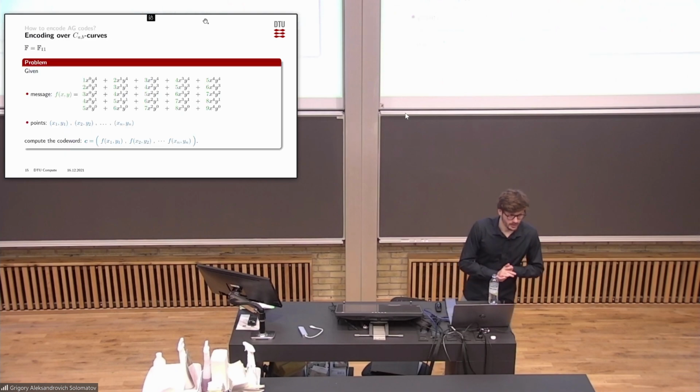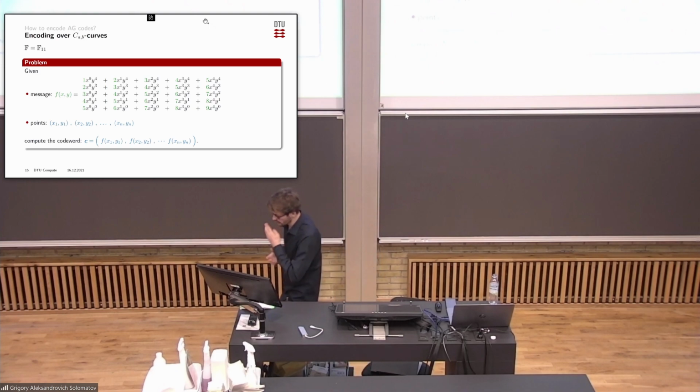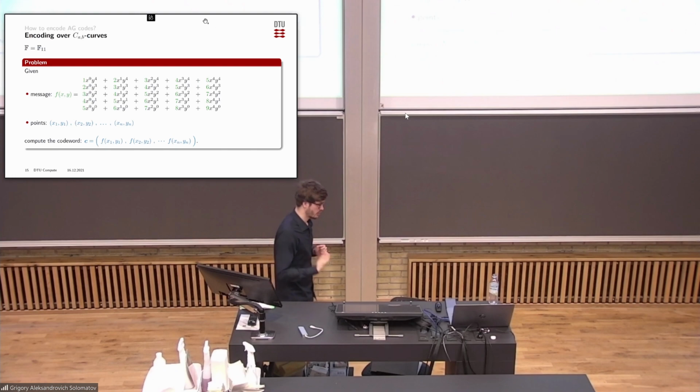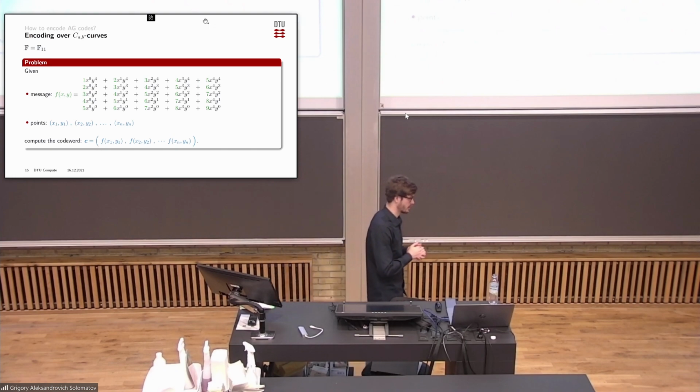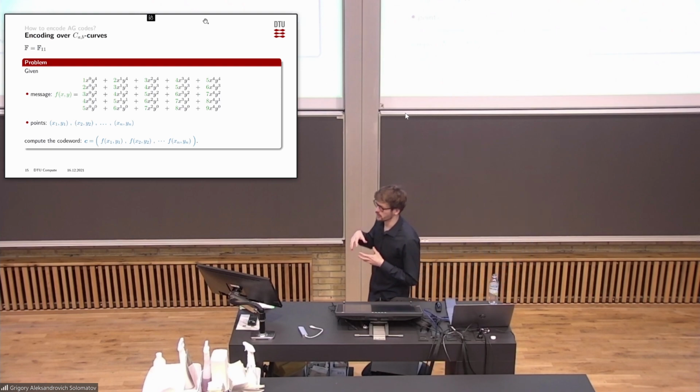The reason for considering these curves might not be straightforward at first, but it turns out that if you consider algebraic geometry codes defined over such curves, at least certain kinds of codes, then the messages that you are considering are not complicated functions anymore.